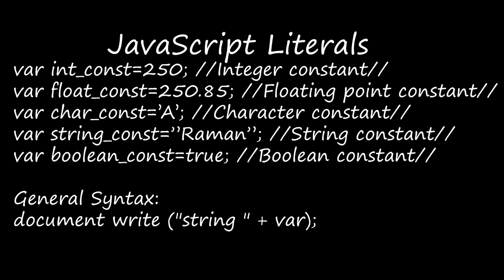What is integer? Integer means it is a number, any number, 1, 2, 3, all are integer. Floating point means if it is 1.23, it is a floating point. That means if you are having a number before and after the decimal point, it is a floating point constant.